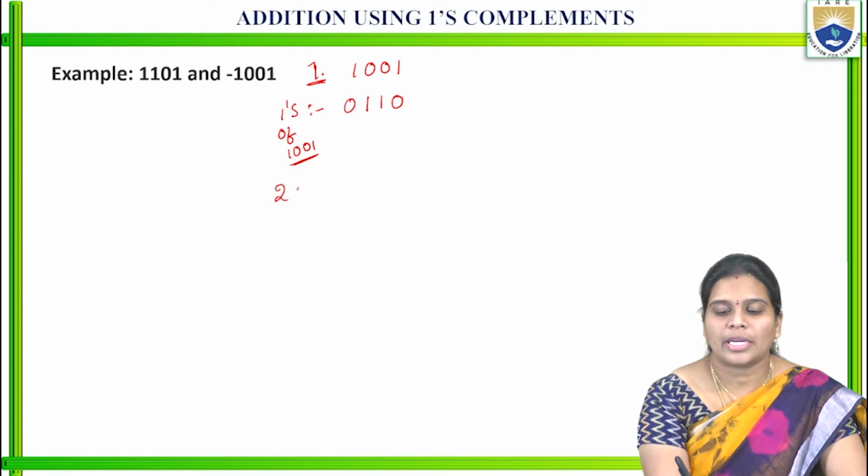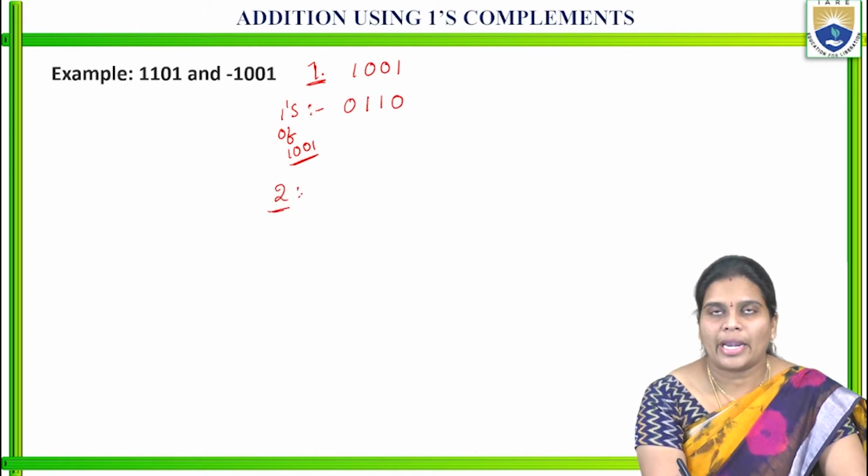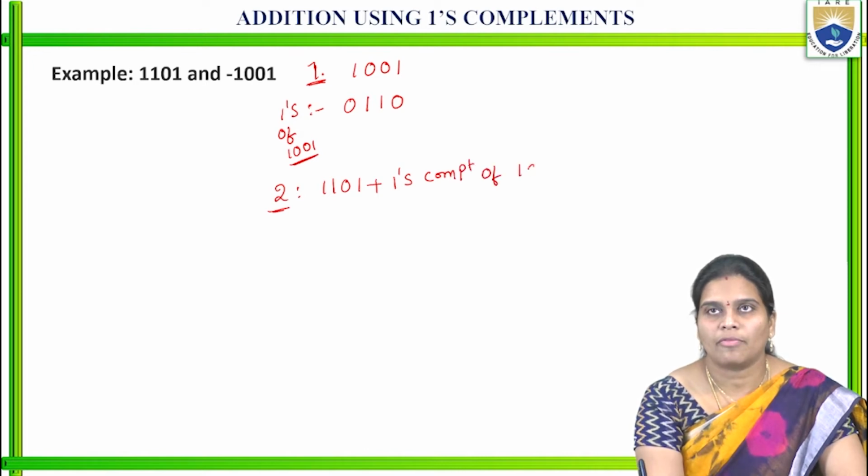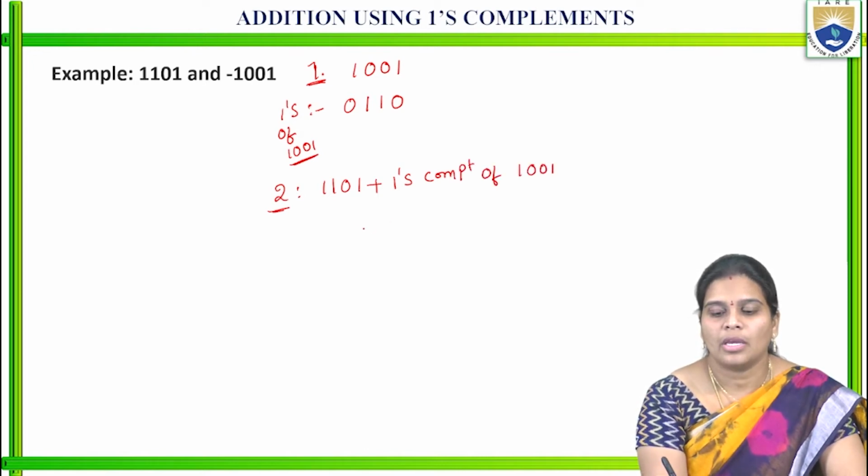So coming to the second step, adding the 1101 plus ones complement of this 1001. Okay, so 1101, ones complement of 1001 is 0110.